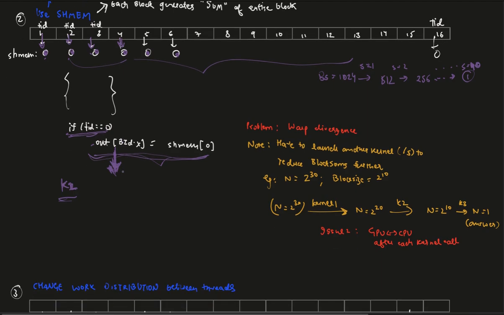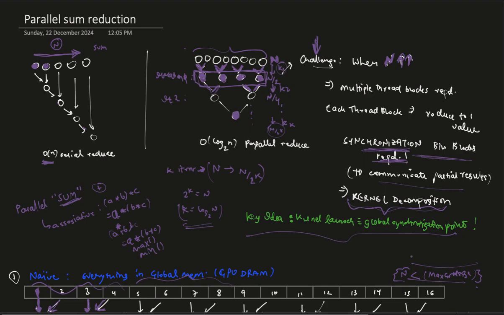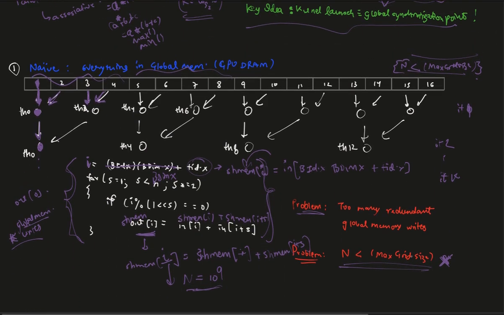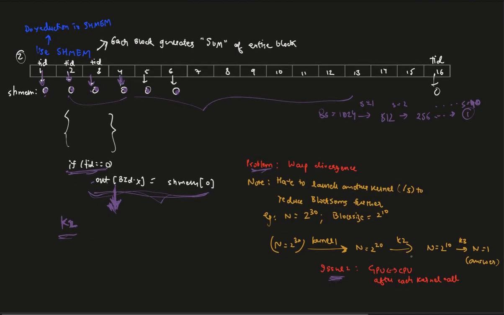Okay. But the problem with this kernel is warp divergence. So there are two issues basically. First, let's talk about the second issue, where we discussed multiple kernel launches, right? Because we need global synchronization. But the problem with this is every time we call a new kernel, there is a GPU to CPU memory transfer. So when we call kernel 1, initially the data was in CPU, and it is first copied to the GPU.